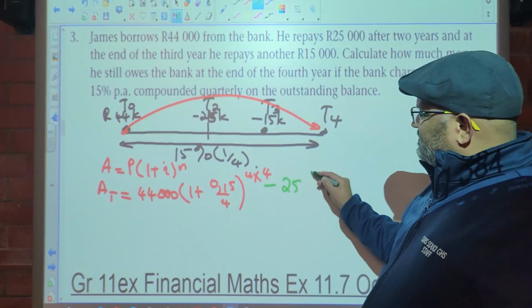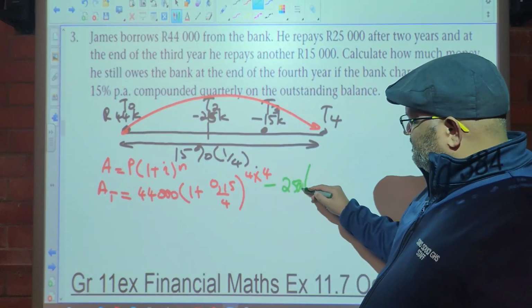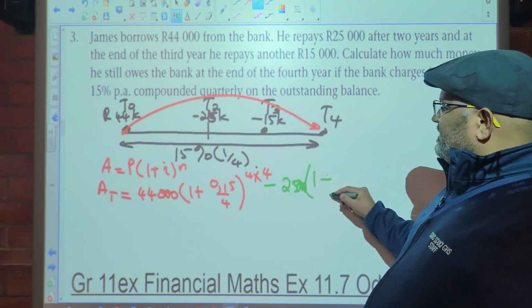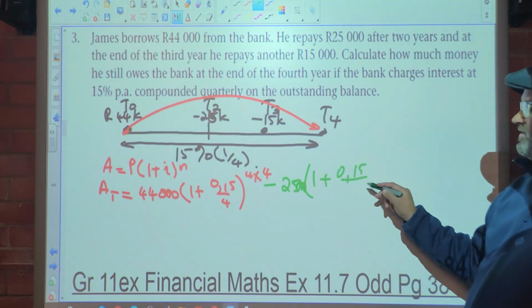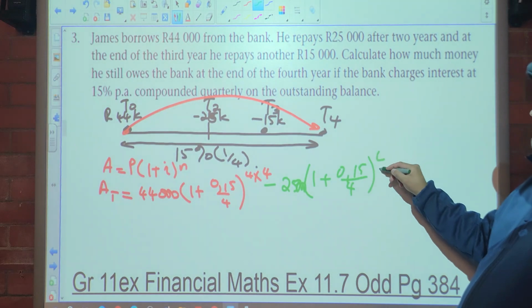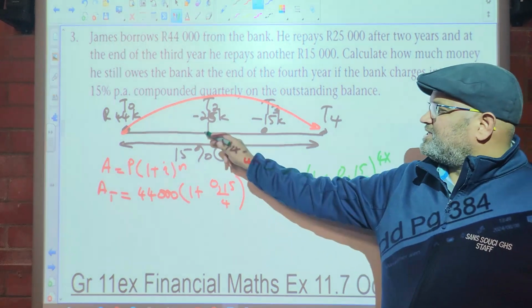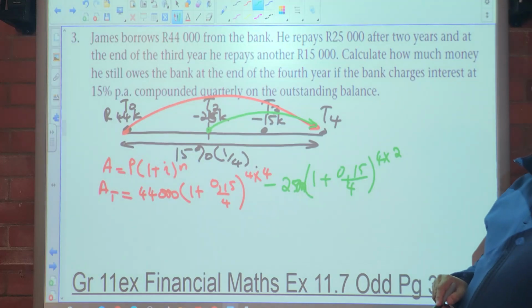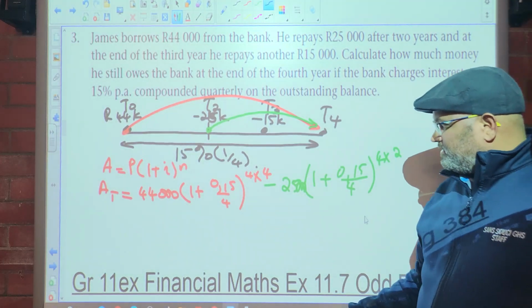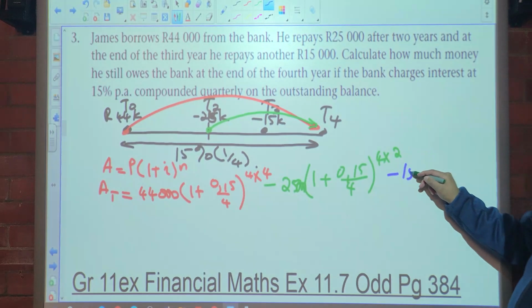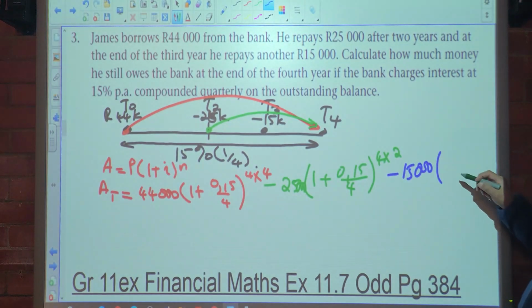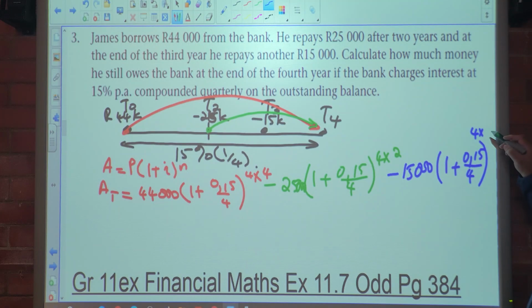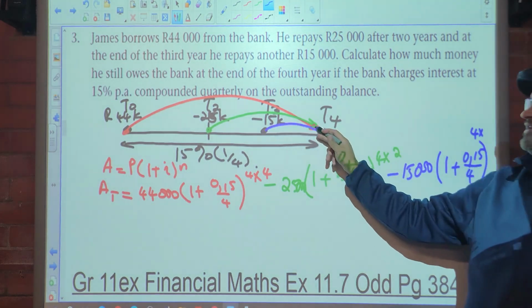Minus 25,000 into 1 plus 0.15 over 4 to the exponent 4 times. How many years is it from there to there? 2 years. And then minus 15,000 rand into 1 plus 0.15 over 4 to the exponent 4 times. From 3 to there is going to be 1.